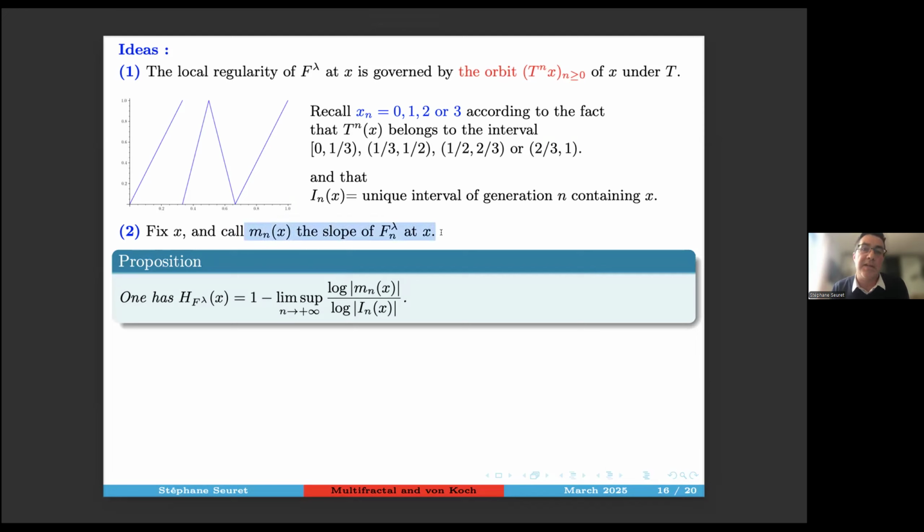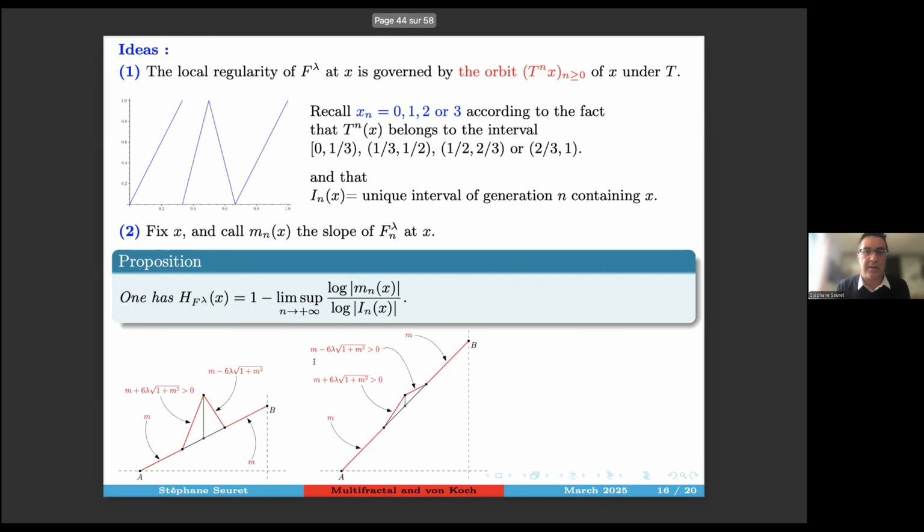And what we have in this proposition, which actually takes us some time to prove, is that it's enough to know the behavior of Mn of x to know the pointwise exponent of f lambda at x. So everything is contained in the value of the slope of the intermediary function Fn at x at generation n.